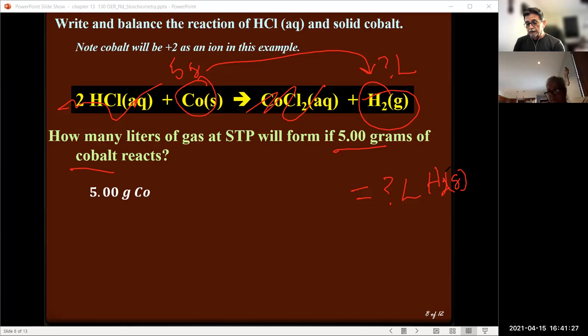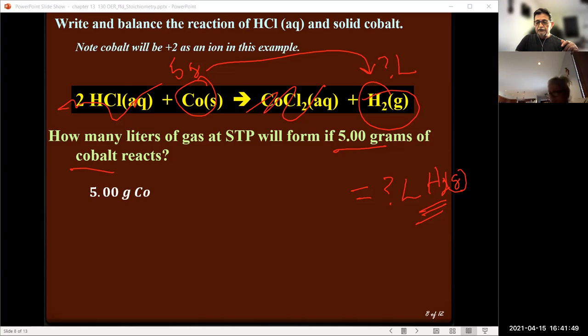And I write that down because that tells me whether I'm going in the right direction as far as setting up my conversion factors. So I write down what I'm given. I write down where I've got to go. And then I find a way to get there using the conversion factors that I'm given.